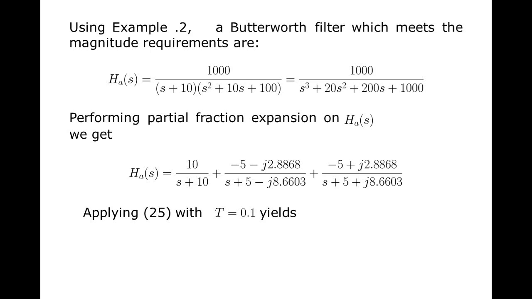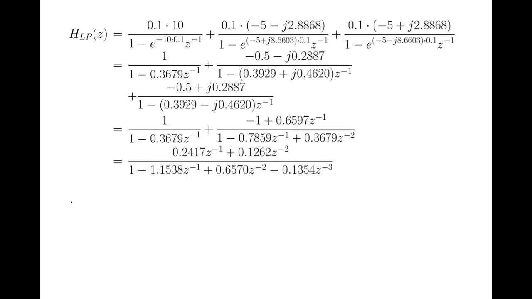Then by using the partial fraction method, we will get HA(s), and we have T equal to 0.1, and so we can get HLP(z) by substituting the relation, Ak divided by 1 minus e raised to sT into z raised to minus 1.